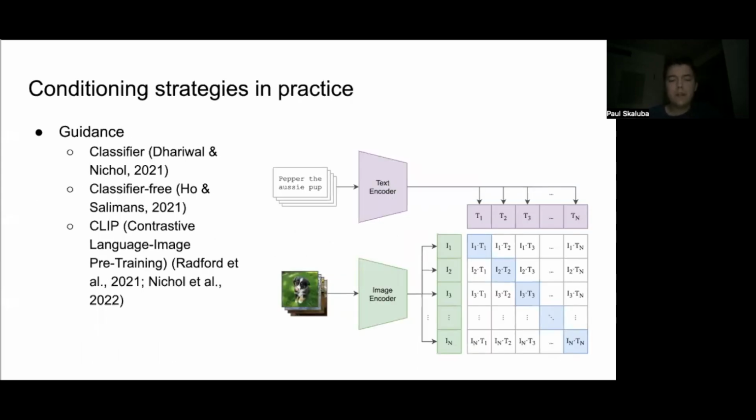Conditioning strategies in practice usually take one of three guidance forms. The first, introduced in 2021, is classifier guidance, where the diffusion score is modified to include the gradient of the logarithmic likelihood of a helper classifier model. And so you can imagine how training an auxiliary model might not be ideal.